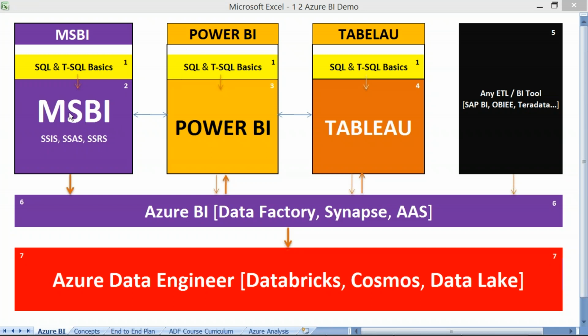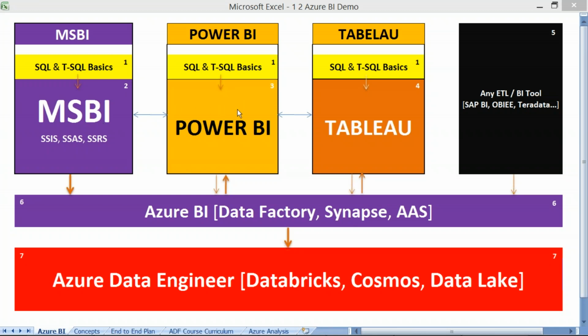If you are aware of MSBI SSIS, you would have SSIS integrations with Azure, SSIS migrations with Data Factory, SSIS executions in Data Factory, and regular SQL Server data warehouse migrations to Azure Synapse, etc. If in case you are from an MSBI background.